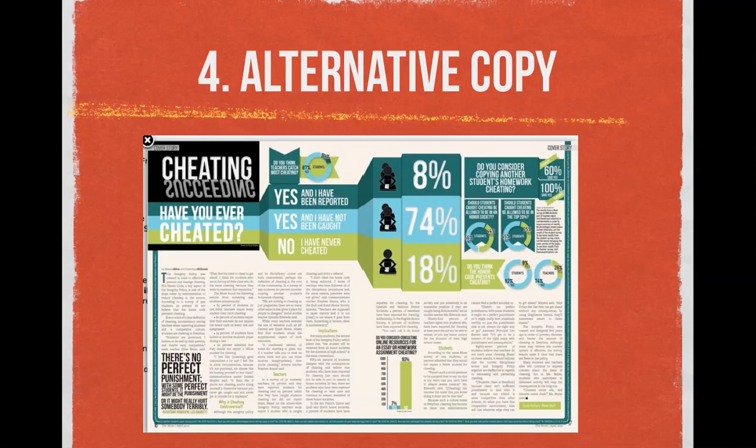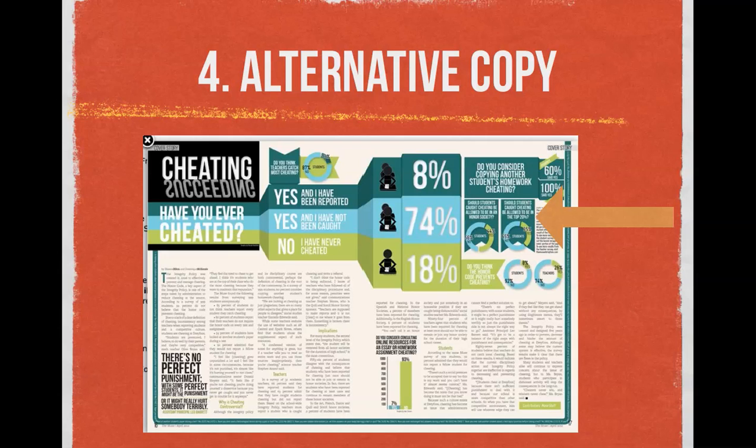We can see some quality alternative copy here from this spread from the Muse newspaper. It comes out of Dreyfus School of the Arts from West Palm Beach, Florida. Alternative copy is right here. It is a way to tell the story in a different way than telling it with text.